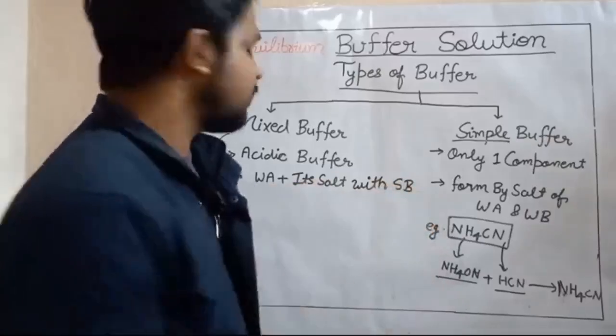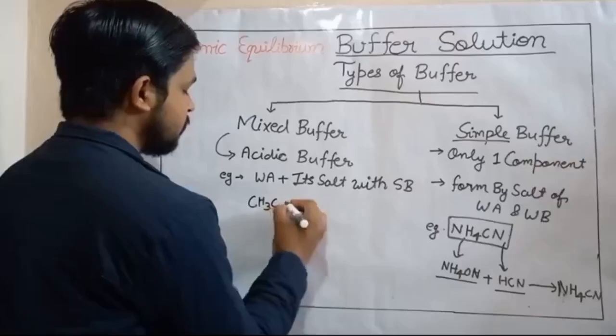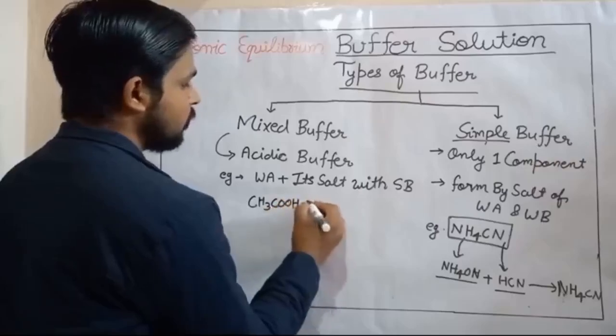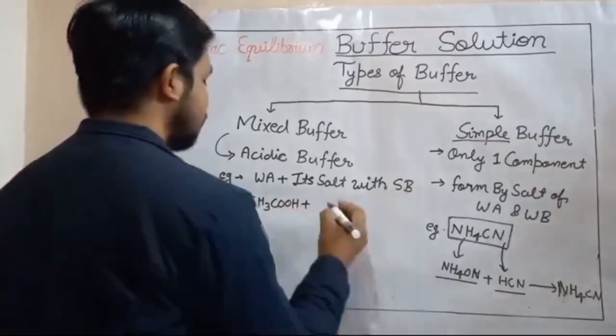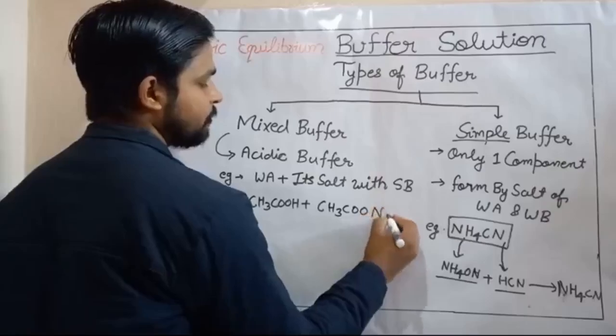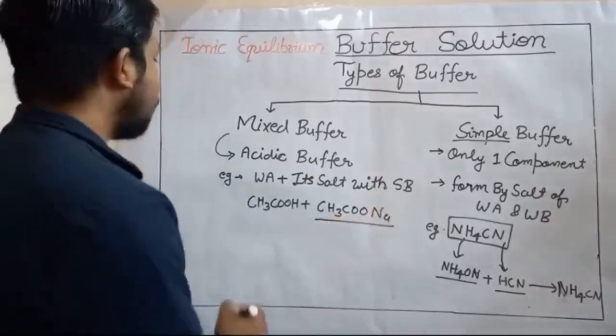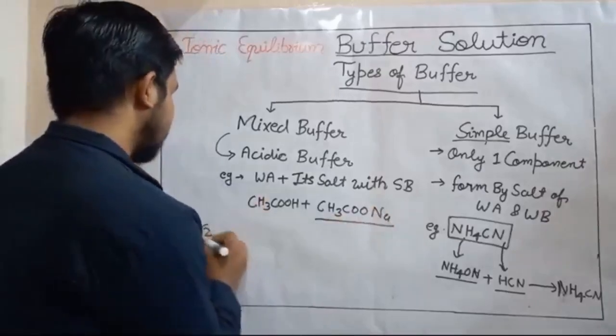We take one example: a weak acid CH3COOH plus its salt with strong base, CH3COONa. And the next type of mixed buffer is basic buffer.